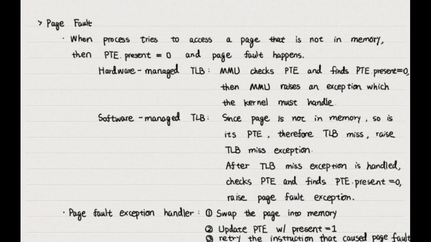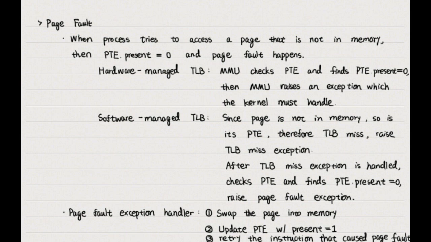If the TLB is managed by the hardware, it is the MMU's responsibility to check the page table entry's present bit and generate a page fault exception for the kernel to handle. If the TLB is managed by the software, since the page is not in memory, there will be a TLB miss. When the kernel tries to handle the TLB miss, it will find out that the page table entry's present bit is 0. Therefore, it will generate a page fault exception.